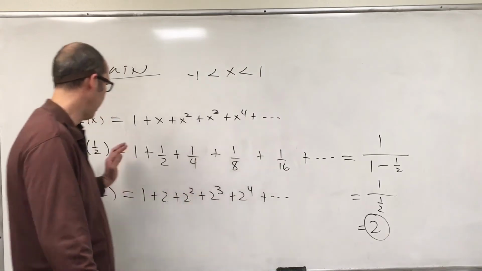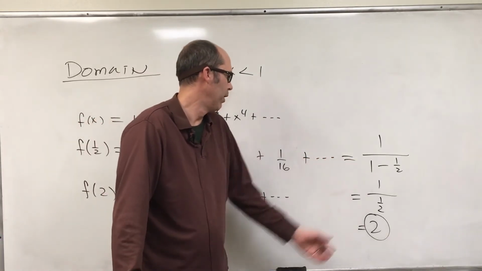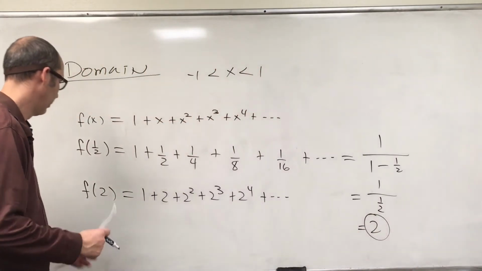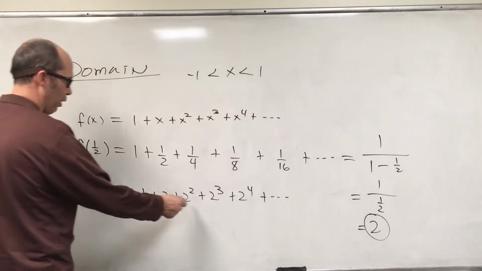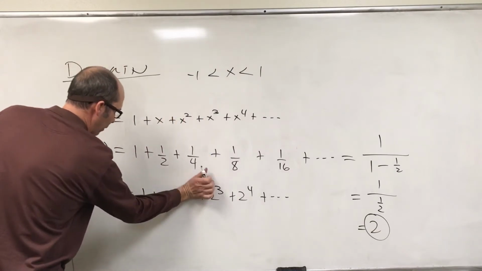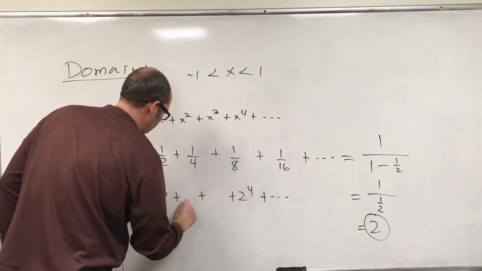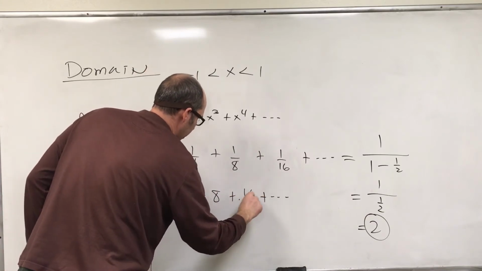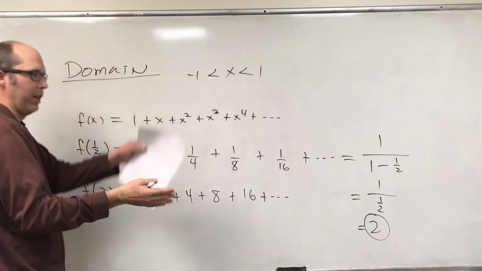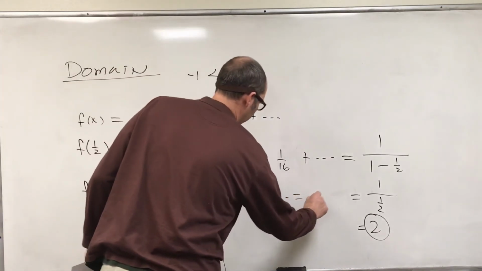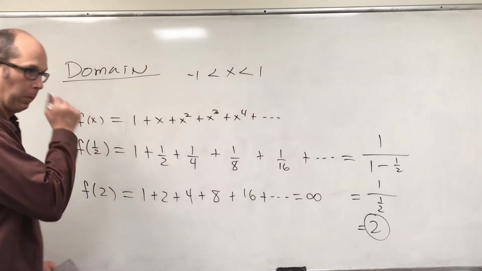Doing this addition forever and ever and ever, we eventually get to 2. But doing this addition over and over again with 2, we just get bigger and bigger and bigger. Right here we have 4, 8, 16, next 32, so we're just getting bigger, bigger, bigger. Goes to infinity.